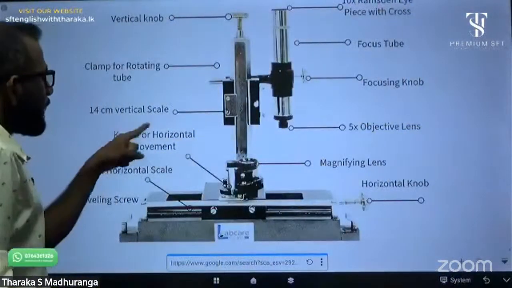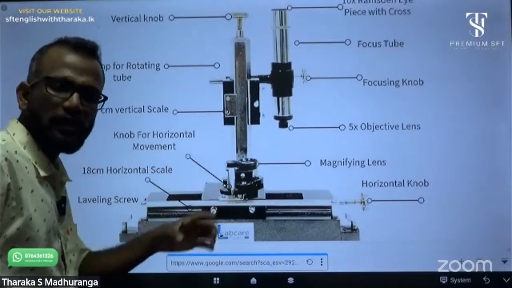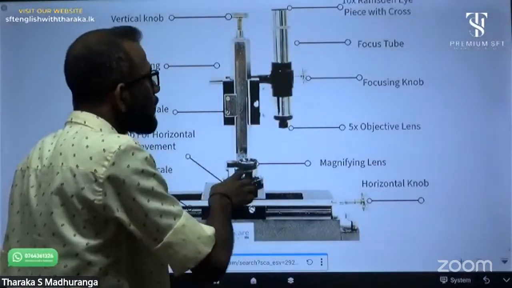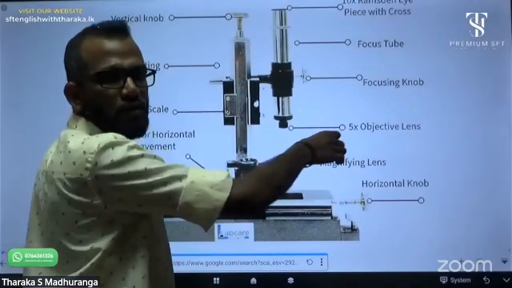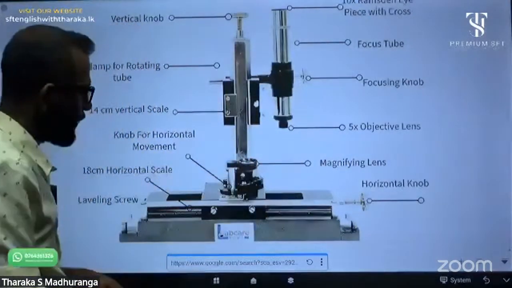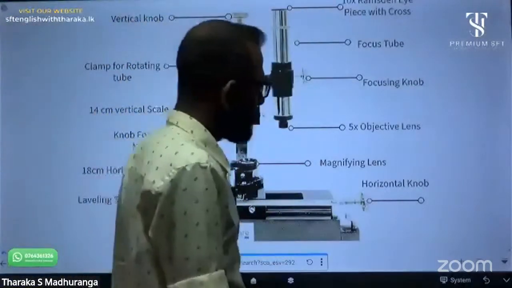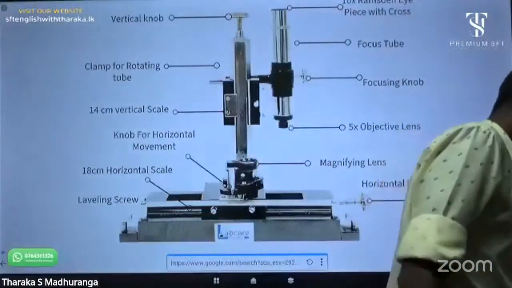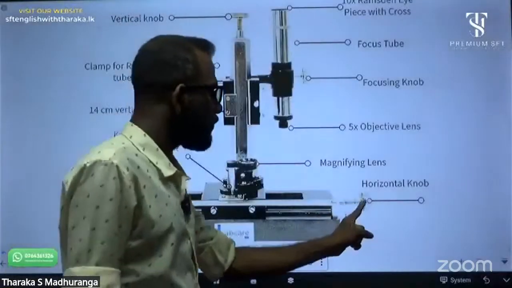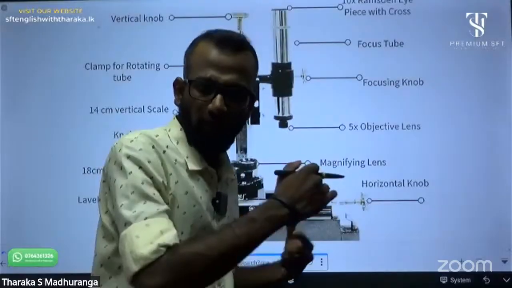And there is a horizontal adjustable knob, a screw with which we can shift the microscope in the horizontal direction. And this is another horizontal knob, which we can also use to adjust in the horizontal way.